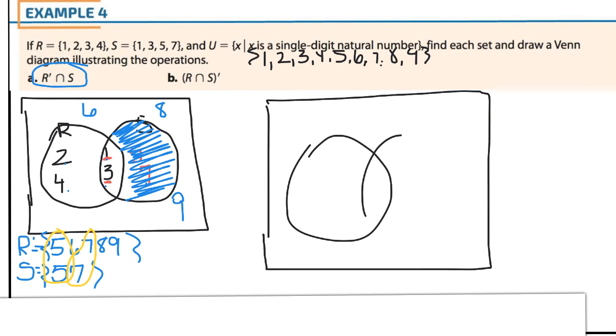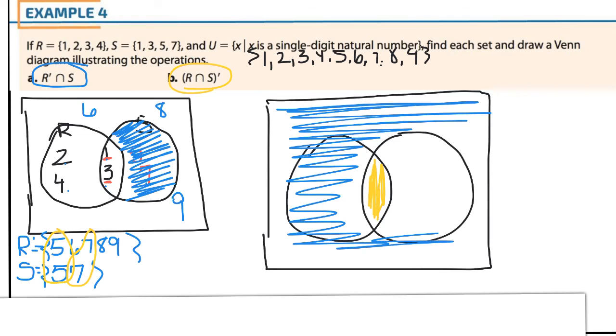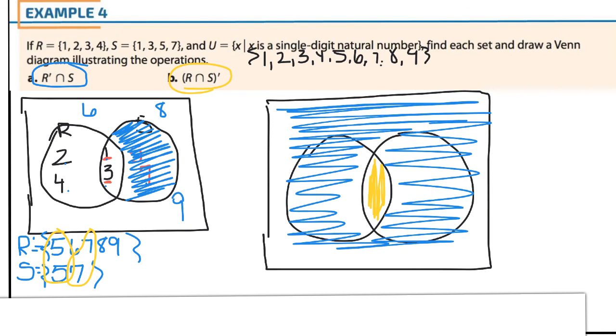So here's our R, here's our S. This right here is the intersection of R and S. But what this problem says is the complement, or everything besides the intersection of R and S. So friends, that's all this. The blue area right here is the complement of R intersect S.